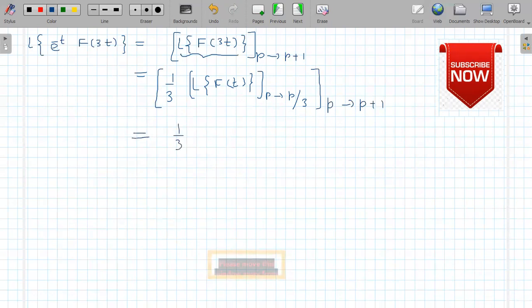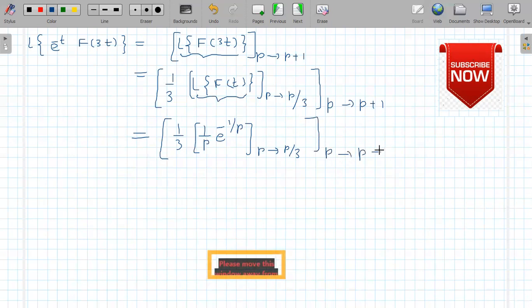So we have 1 upon 3, because this is simply Laplace of f(t), and Laplace of f(t) is given to us in this question. So we simply put the value of Laplace of f(t), which is 1 upon p e raised power minus 1 upon p, and we replace p by p upon 3 everywhere.